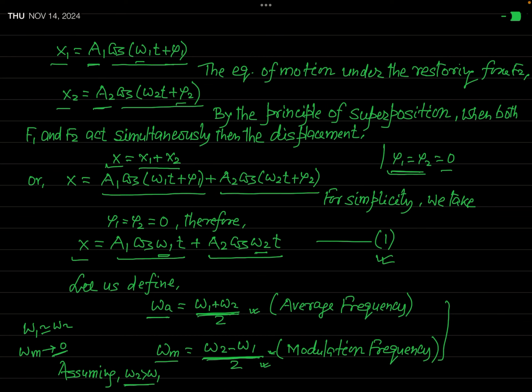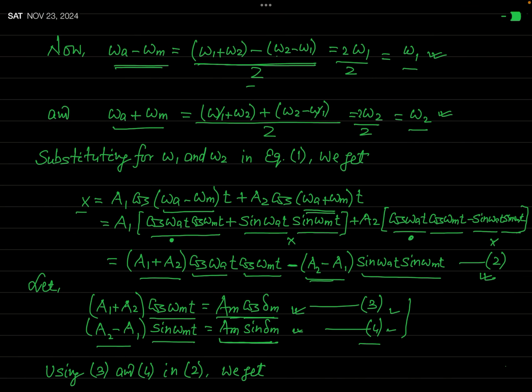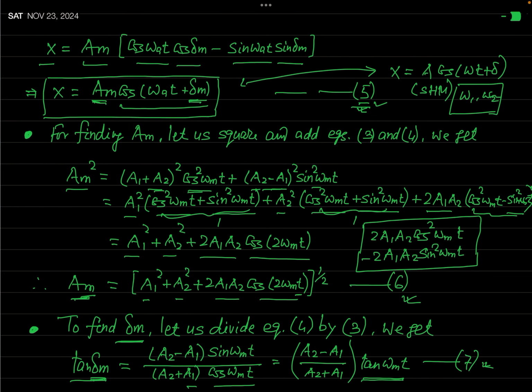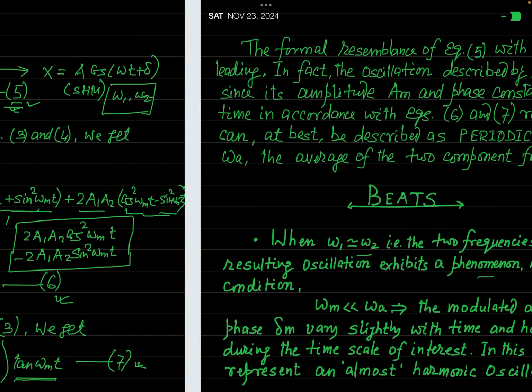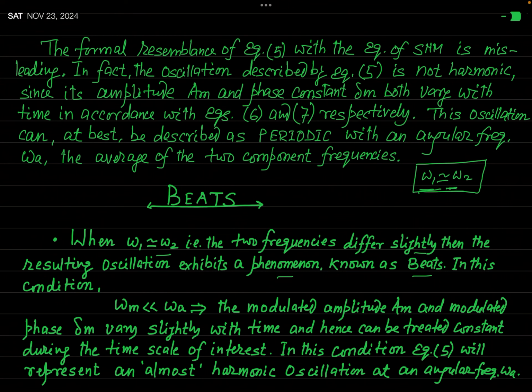And so in this condition, omega A will be much greater than omega m, or in other words, omega m is much smaller than omega A. So when we consider that omega 1 and omega 2 are almost equal, in that very condition omega m will be much smaller than omega A.